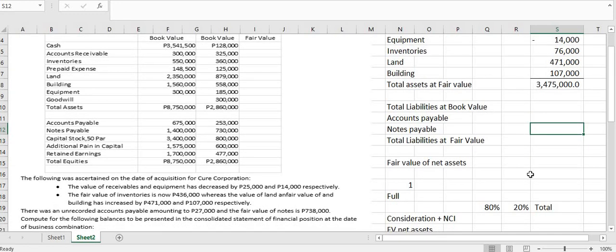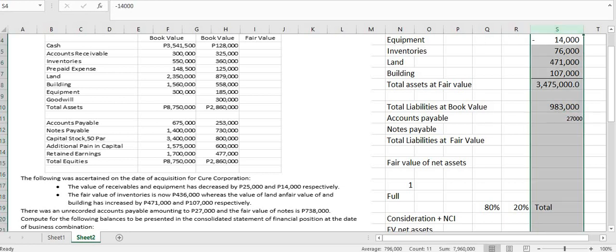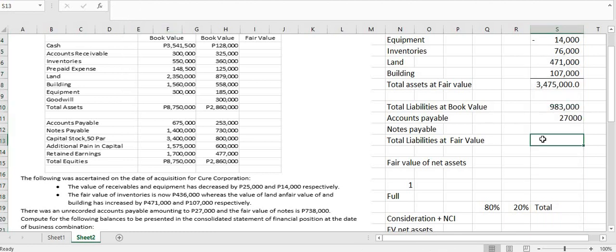So the book value of liability is the sum of our accounts payable and notes payable. Okay, it's actually 983,000. And then, yung accounts payable daw natin, we have unrecorded accounts payable amounting to 27,000. Okay, so that's undervalued. And yung notes payable natin, the book value is 730,000, but the fair value is 738,000.